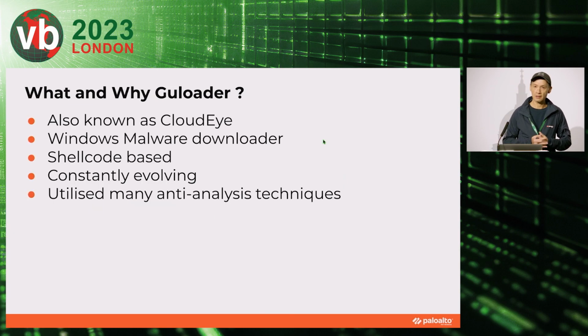So what exactly is GULoader? It is basically a malware downloader. For example, whenever threat actors have access to ransomware or some form of banking Trojan, they want a means to deliver this payload to the victim. They know the victim will likely be running some form of endpoint protection.